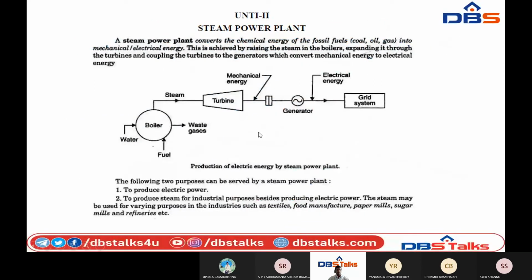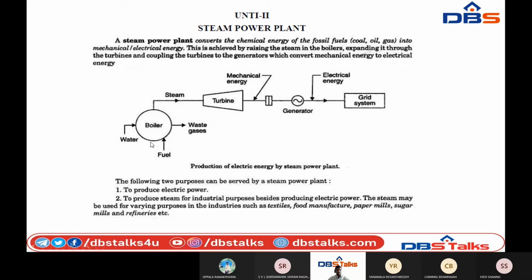First of all, in the previous class, we discussed the steam power plant, which converts the chemical energy of fuel, that means coal, oil or gas, into mechanical or electrical energy. First we send the fuel, coal or oil or gas.